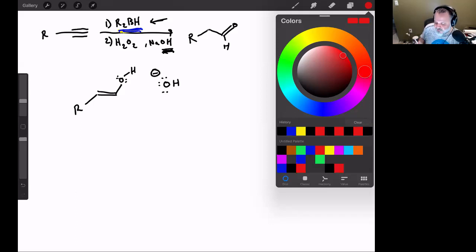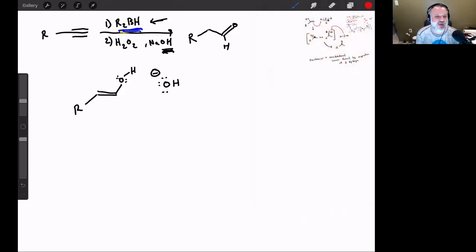And so you can think about how to struggle through mechanisms as you move forward in organic chemistry by remembering that the conditions of the reactions dictate the possible steps of the mechanism. In this mechanism, the conditions of the reaction are basic. So I can't form anything that's positively charged. I can form things that are neutral, but I can't form things that are positively charged. And what I'm going to do in this case is only form intermediates that are negatively charged.